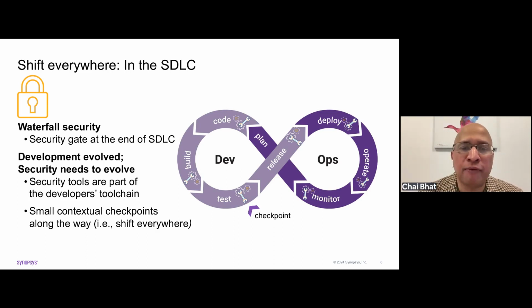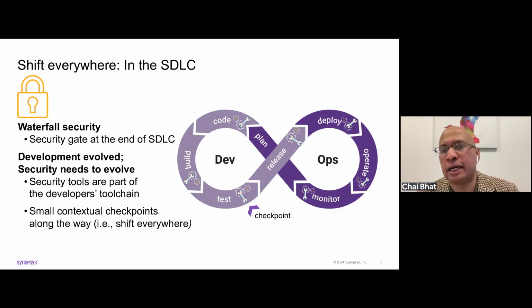You had to keep up with the agility, the fast and frequent deployment of applications. The evolution of software was just so fast that security had to evolve with it, and they had to start integrating security tools, application security tools, especially into the developer toolchain, and make sure that you have much smaller contextual checkpoints all across the SDLC, right? Not just one big one at the end, but smaller, more contextual checkpoints all across the SDLC that are automated and that make sure that you have the right policies in place.